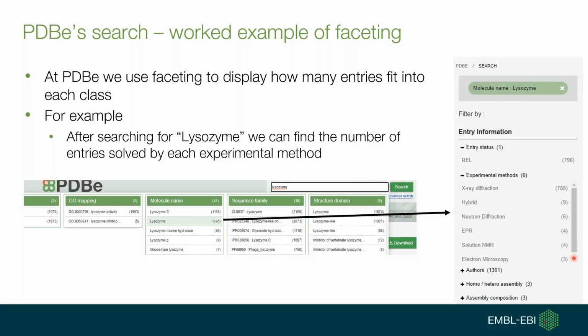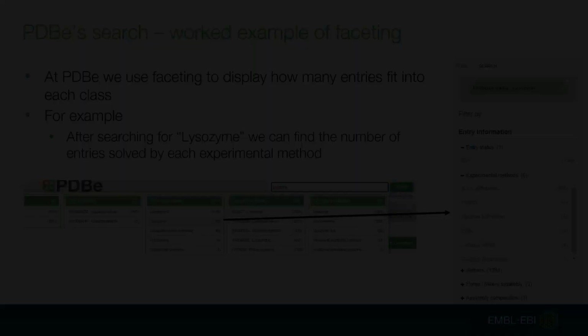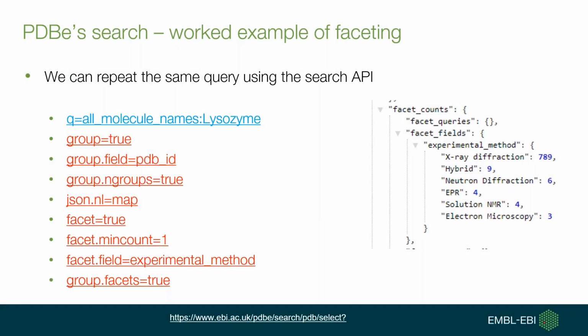This is possible directly in the search API as well, with a slight modification to the query that we just had for the grouping before. So we've done the same search we do in our page, where all molecule names is equal to lysozyme. We group our entries by PDBe ID, and then we're going to facet the entries.